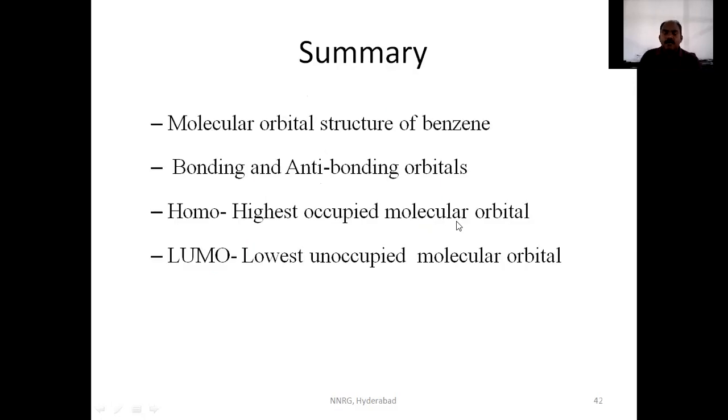So we have discussed different types of molecular orbitals, and in summary, we have seen the molecular orbital structure of benzene, the most stable molecular orbital structure. We have discussed what bonding and anti-bonding molecular orbitals are, and we have seen HOMO, the highest occupied molecular orbital where the electrons are occupied, and LUMO, the lowest unoccupied molecular orbital. This is about the molecular orbital structure of benzene and the different energy levels of molecular orbitals.